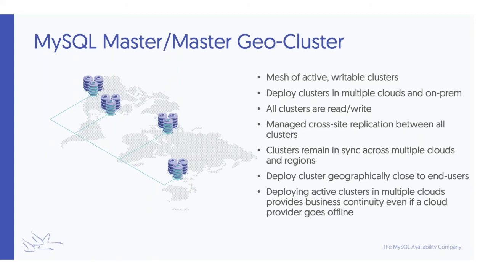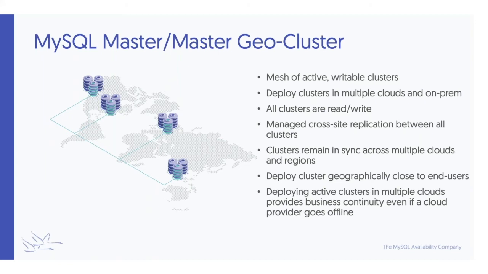So we can deploy, again, some of these clusters on-prem, some in one cloud, some in another. We can mix and match however we would like to do it. All clusters support read operations and write operations. So now we can deploy read and write close to our users. We can do this across the globe, and the clusters remain in sync.